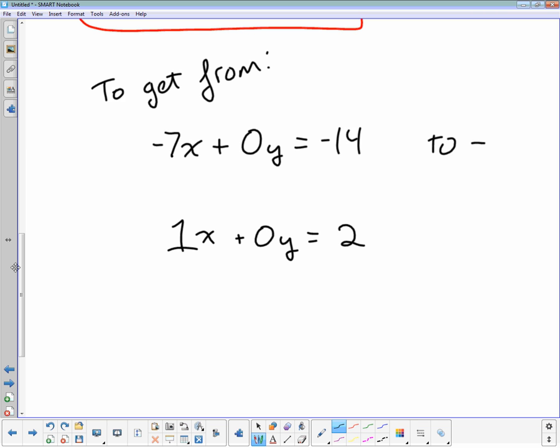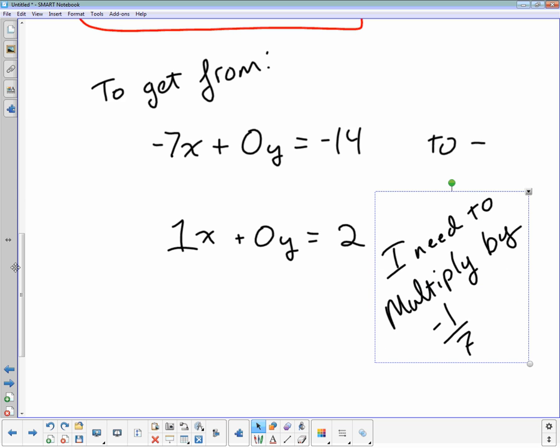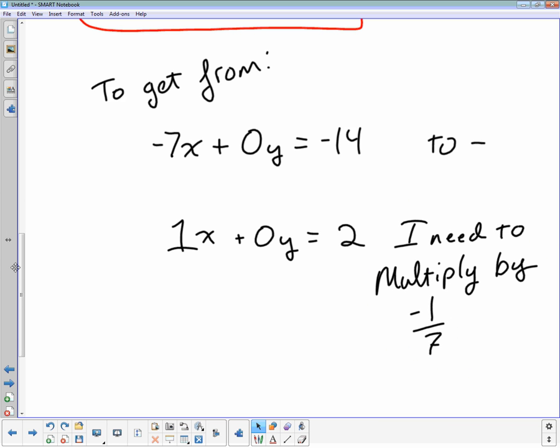I am not allowed to divide. Yes, I chose -1/7 in order to simplify my system. All right. So this is a rule, a tool, a rule.